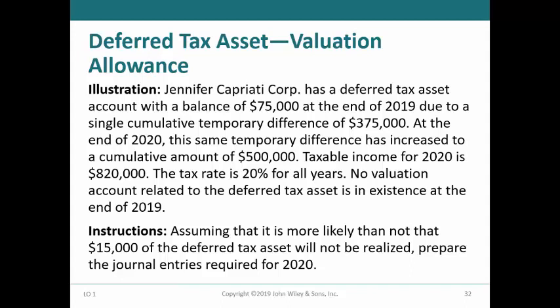They decide that they do not think they will be able to realize the benefit of $15,000 of the deferred tax asset, so they will need to record a valuation allowance to show that in the financial statements.